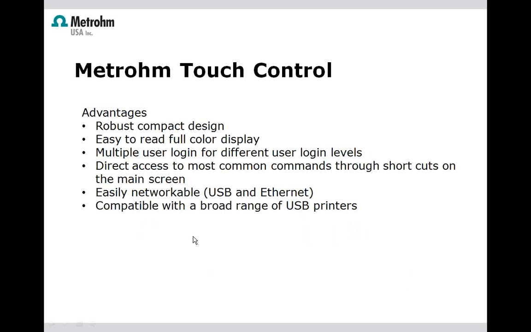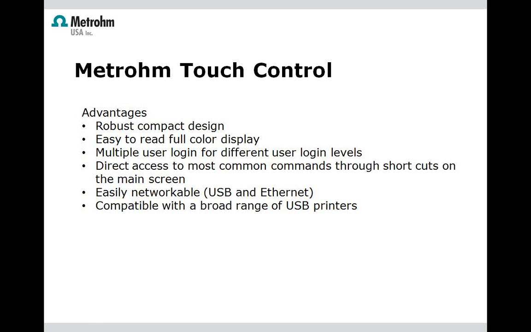Now, the advantages of the touch control system are that it's a robust and compact design. It's easy to read. It has a full color display. Multiple user logins can be configured on the system. And it has direct access to most common commands through shortcuts, which are called favorites, that can be created on the main screen of the system.